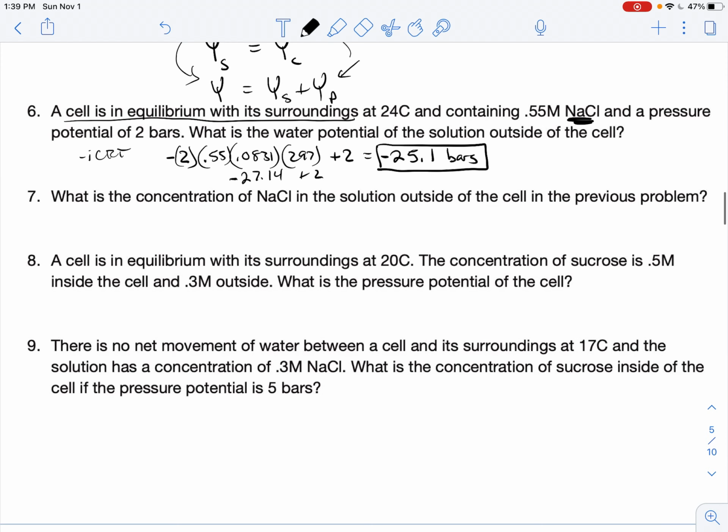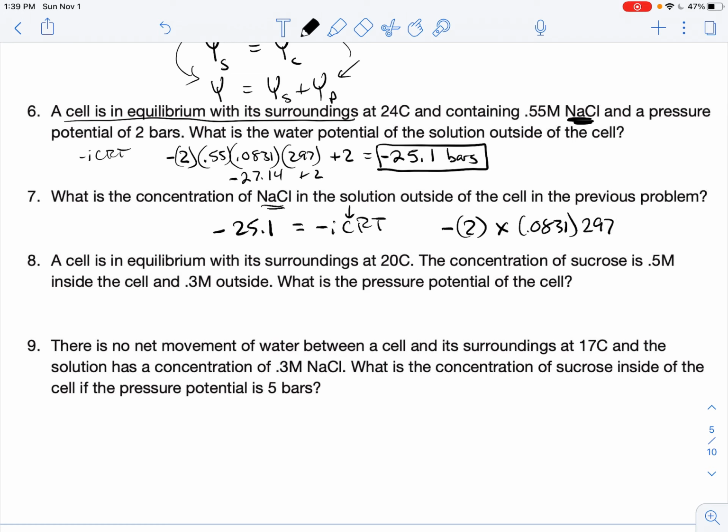Now we want to figure out what's the concentration of salt or sodium outside that cell. So now we know our overall water potential is negative 25.1. That's going to equal the negative iCRT outside. We plug in, the only thing we don't have is our C. So in this case, it's negative 2 because it's salt, our x because we don't know the concentration, 0.0831, and the same temperature of 297.